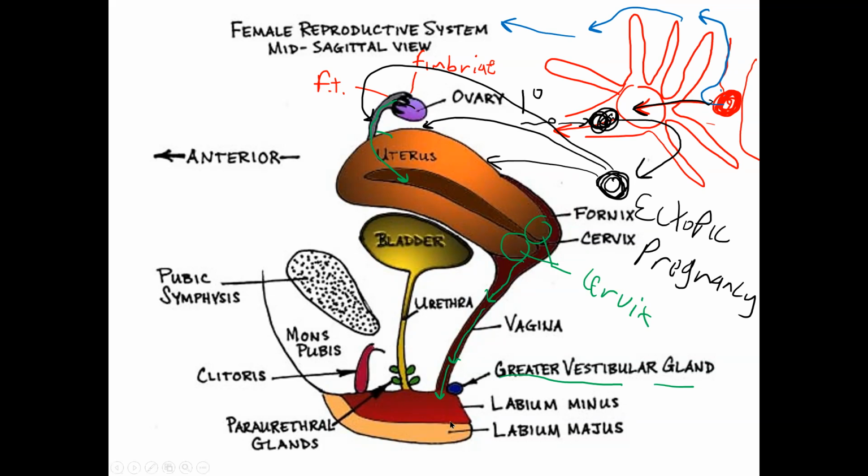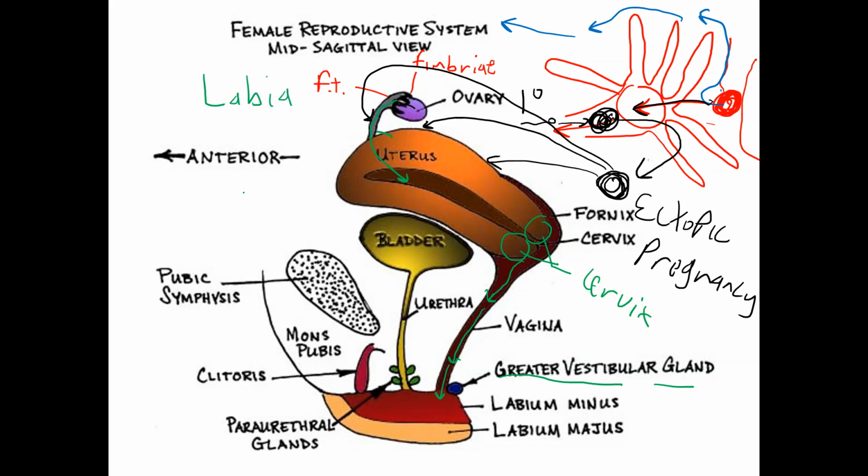You will also note that the outside of the female reproductive system is made up of several flaps, or another way of saying it, lips. The word labia means lip.